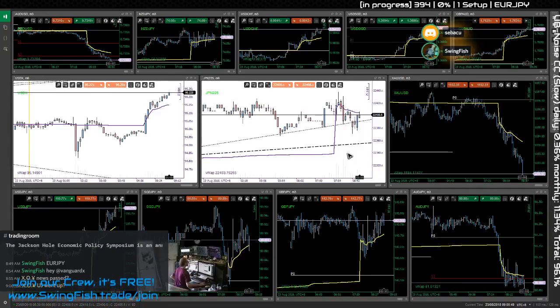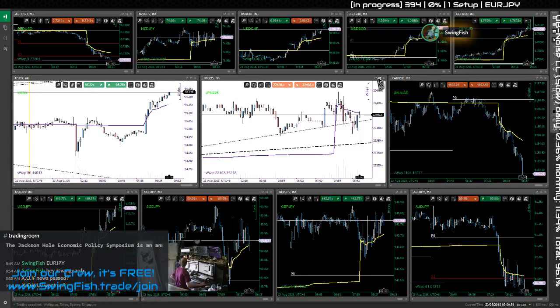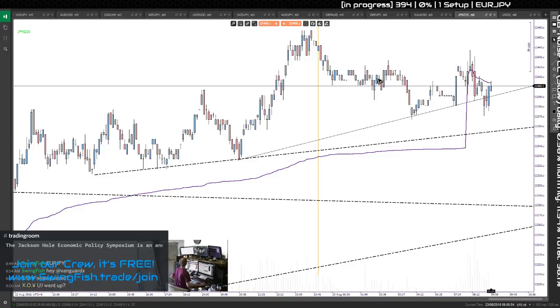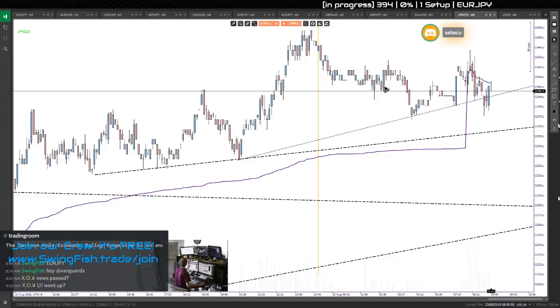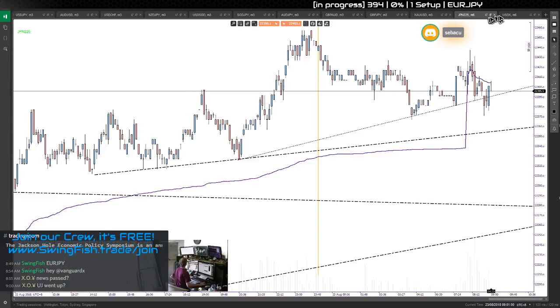Gold is going to hell. Yeah, but it's pulling down, even if the Nikkei looks good.